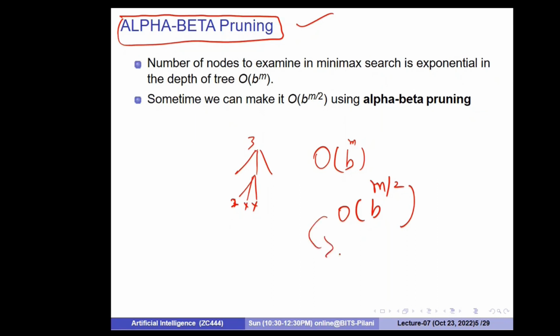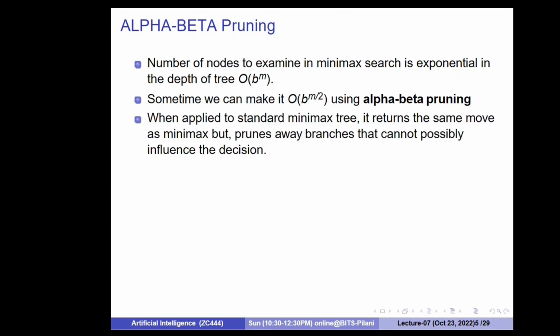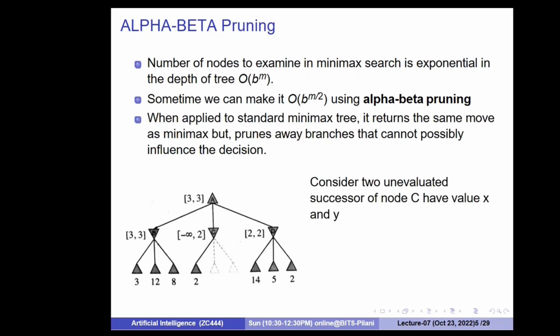Mathematically, you can say b to the half to the power m, so b to the half becomes under root b, to the power m. Earlier it was b to the power m, and now it becomes under root b to the power m, meaning your branching factor reduces from b to under root b. So it becomes a very good algorithm, and finding the solution becomes very easy.